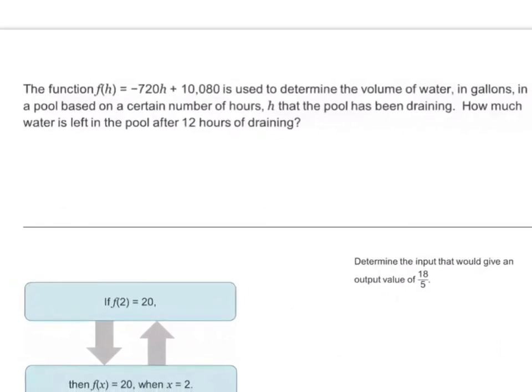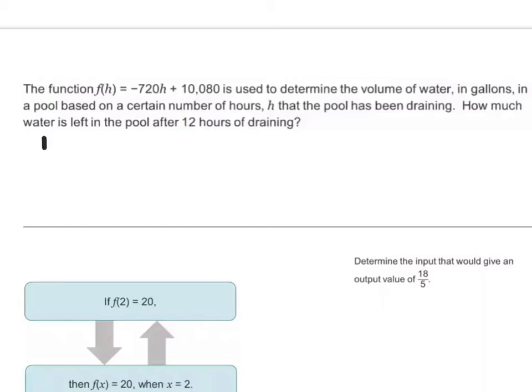It says the function f of h is equal to -720h plus 10,080. This function is used to determine the volume of water in gallons in a pool based on a certain number of hours h that the pool has been draining. Okay, so how much water is left in the pool after 12 hours of draining? So here's what I want to do.